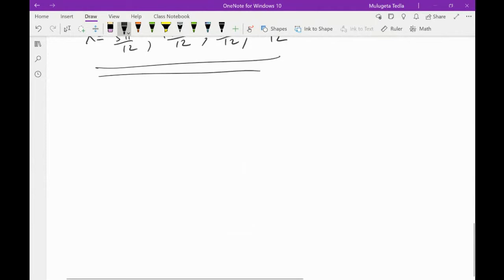All right. Now, today, we're going to start chapter 27. This chapter will deal with derivatives of trigonometric functions.